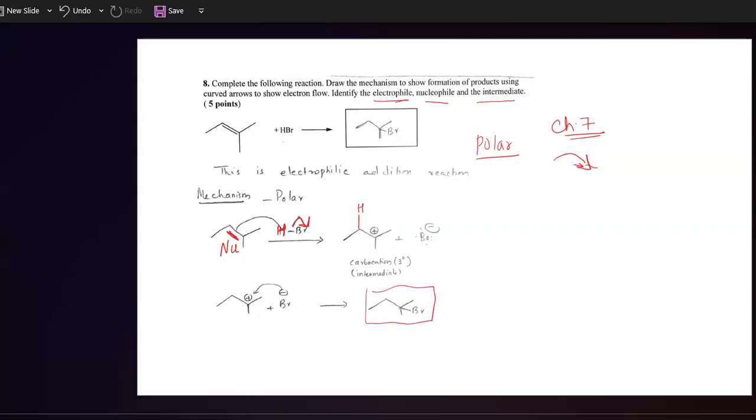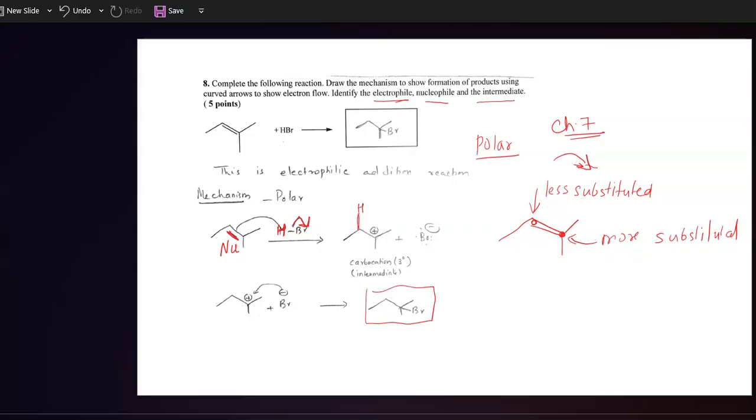Here you have to remember that you are following Markovnikov's rule, where we have two carbon atoms which form the double bond. This is your less substituted carbon atom, and the other one is the more substituted carbon atom. So according to Markovnikov's rule, the carbocation is always formed at the more substituted carbon.